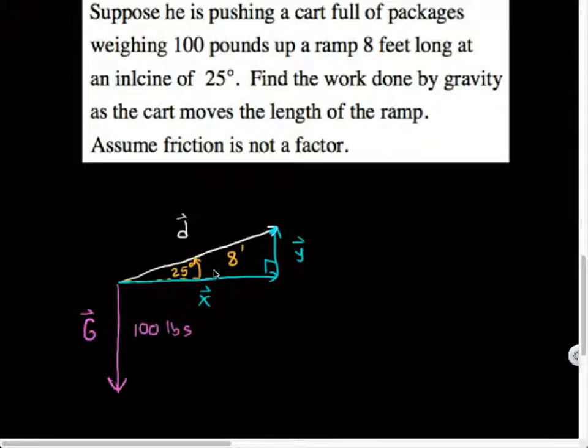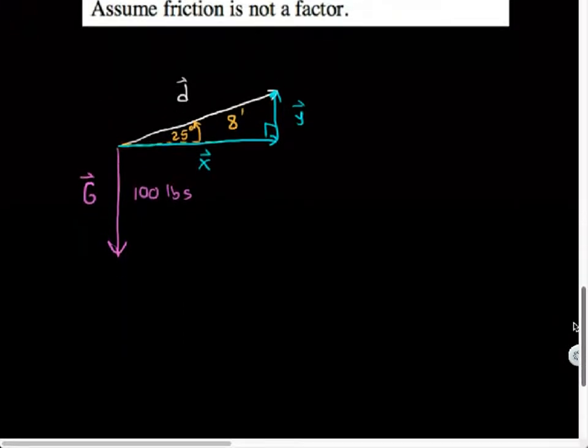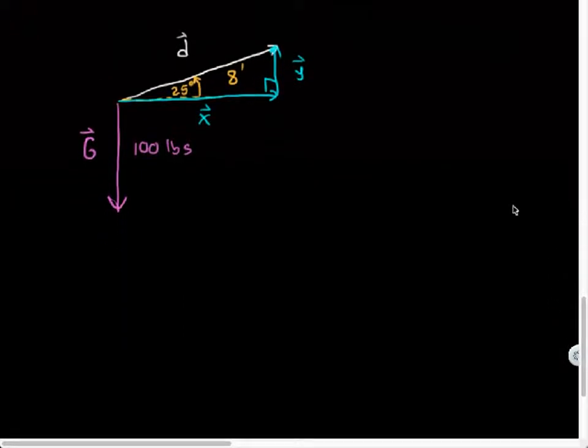I could have called that d sub x and d sub y if I wanted to break it up like that. So what could I do to find x and y? Sine and cosine. X happens to be the adjacent. The displacement vector's magnitude 8 happens to be the hypotenuse.